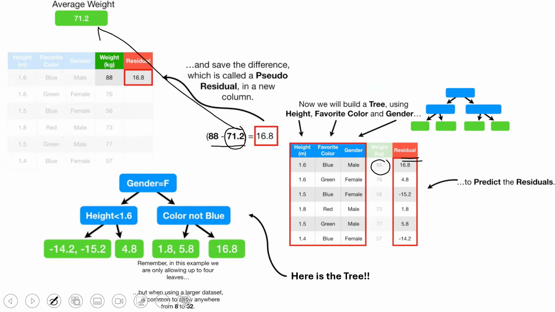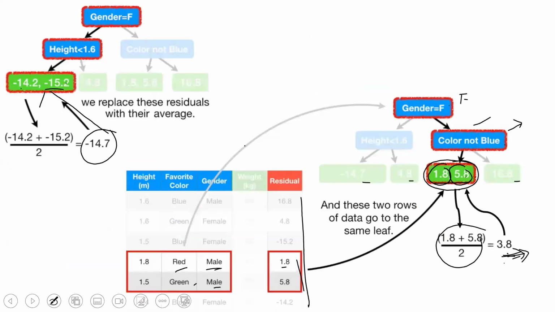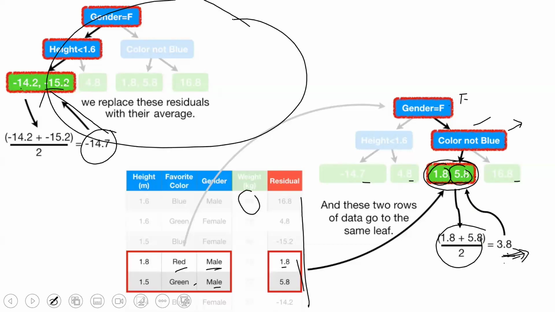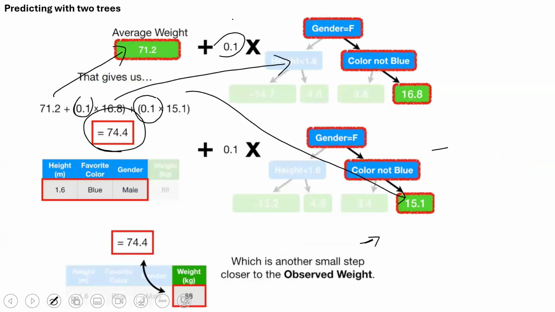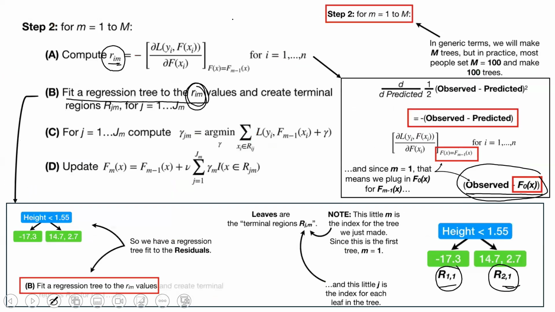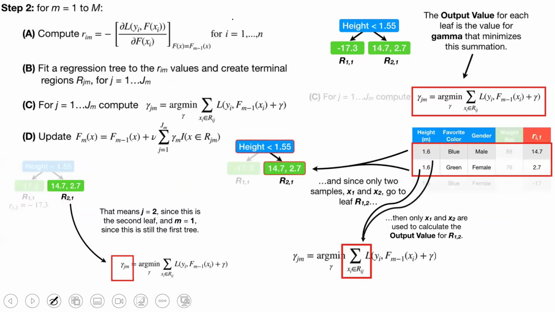And in the next step, the actual value minus the predicted value by the whole trees, f of m minus 1. So when it comes to the next tree, it will be just the previous tree f naught of x, the predictions made by the trees up to that point.